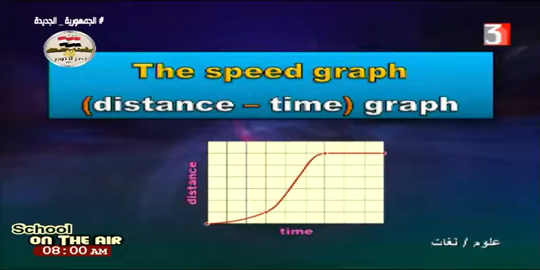What is meant by acceleration and what is the type of acceleration? Physicists use other mathematical relations like graphs and tables. Why? As you see in front of you, I have something called a graph, which you took in your math. This is the relation between distance and time, called a distance-time graph.